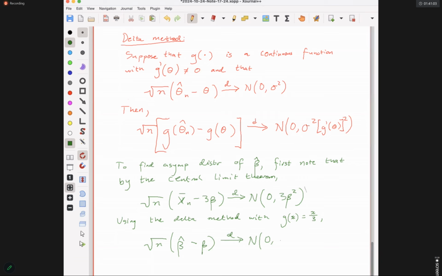So it's just this thing times 1/3. And that's just beta squared. And this is the asymptotic distribution of beta hat.